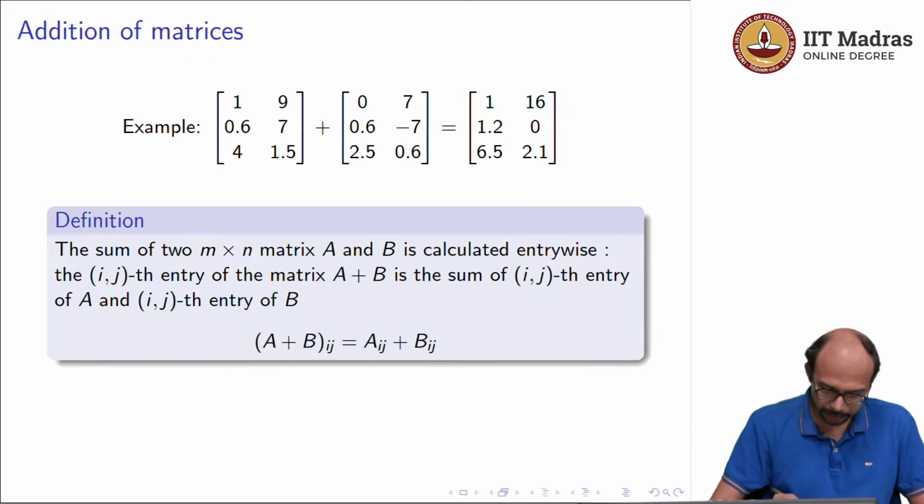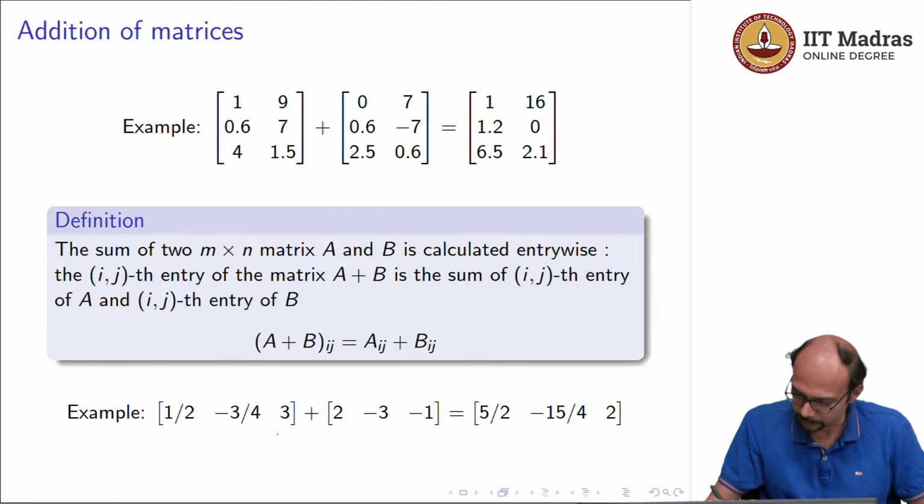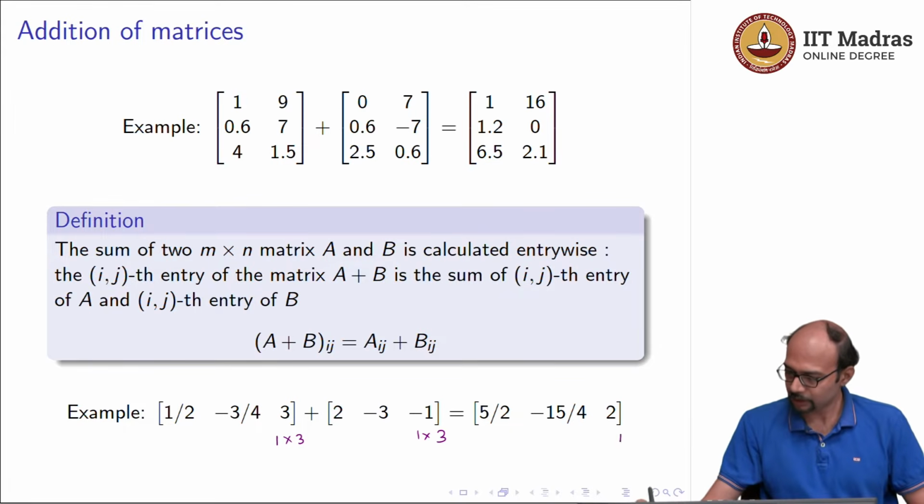Maybe one more example. Suppose we have these two matrices. This has 1 row and 3 columns, and this has 1 row and 3 columns. So the resulting matrix also has 1 row and 3 columns. We add these entry wise. For the first entry, that's the 1/1th entry, we have half plus 2, so we get 5 halves.